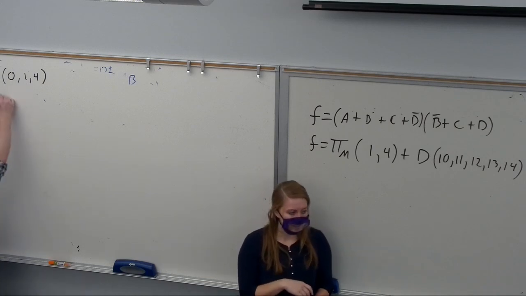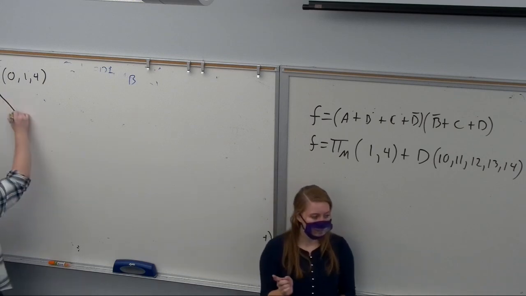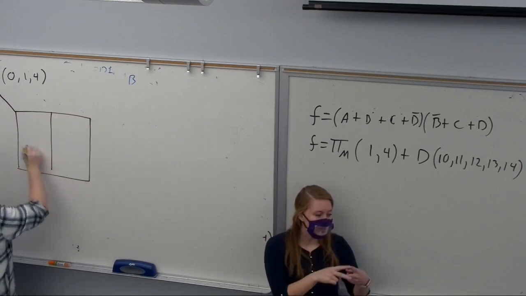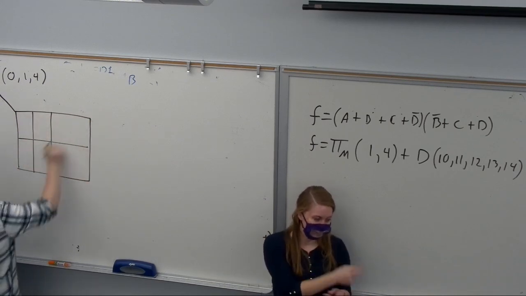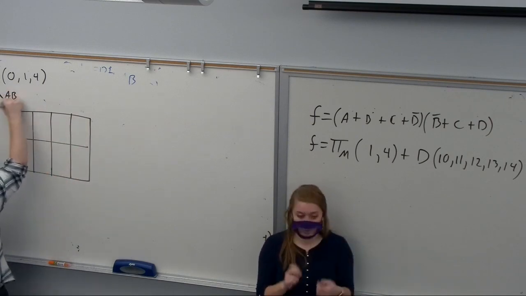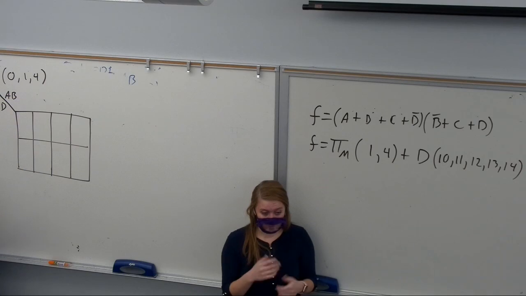What we do is one of 2 ways of drawing 5 variable K-maps. So the first way is simply by extending the K-map.